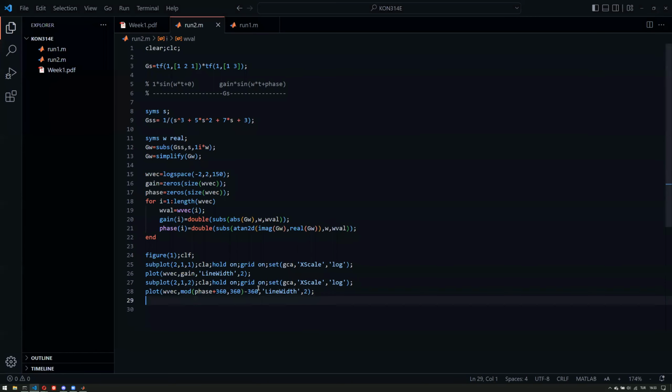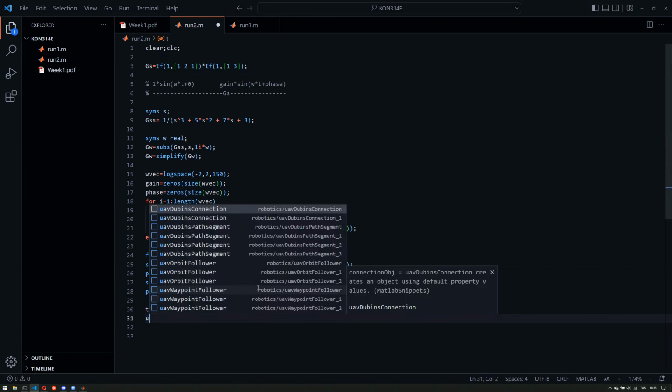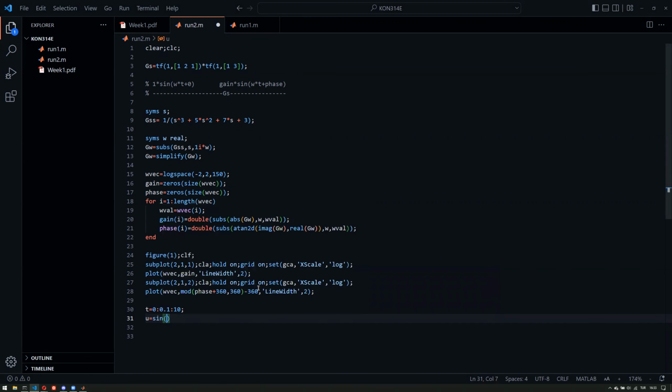So if I generate a time vector, for example, 10 seconds, and have a sine of omega, let's pick a certain element out of there, let's say i equals 70.